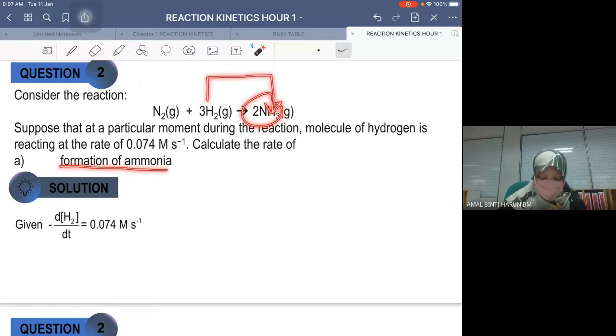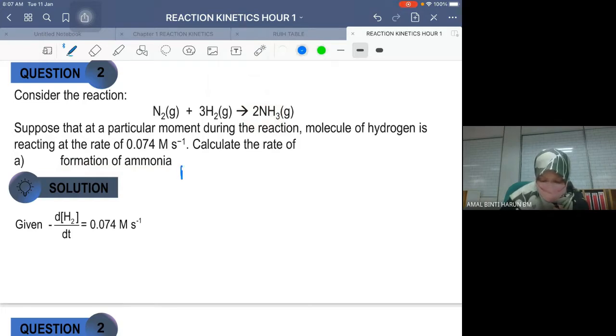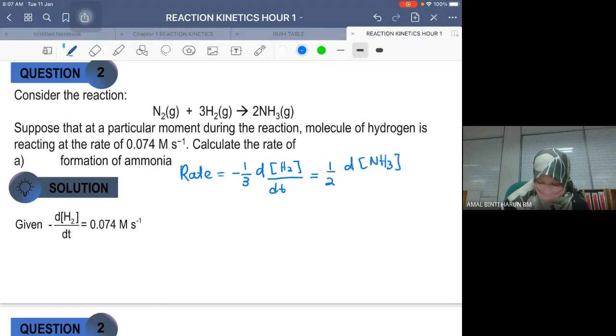Then kita tulis dia punya differential rate, which is rate equal to -1/3 d concentration hydrogen over dt equal to 1/2 d concentration ammonia, formation of ammonia over dt. And then given what?